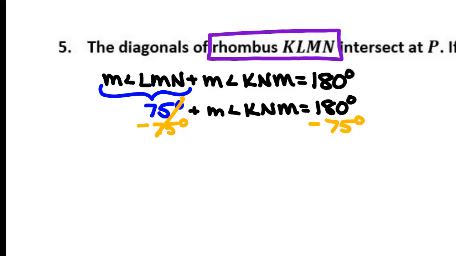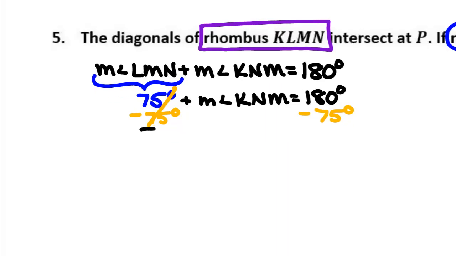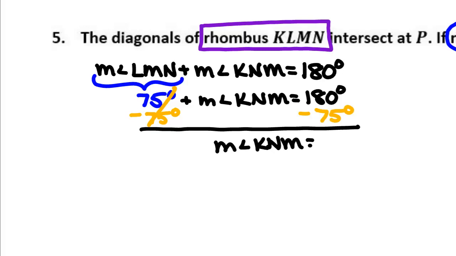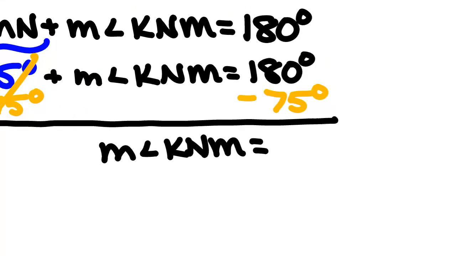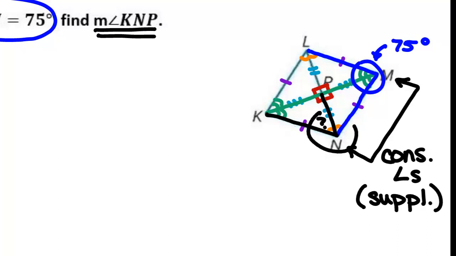So that's going to cancel out, and I have just KNM all by itself. What is 180 minus 75? 105. That is the whole angle right here.